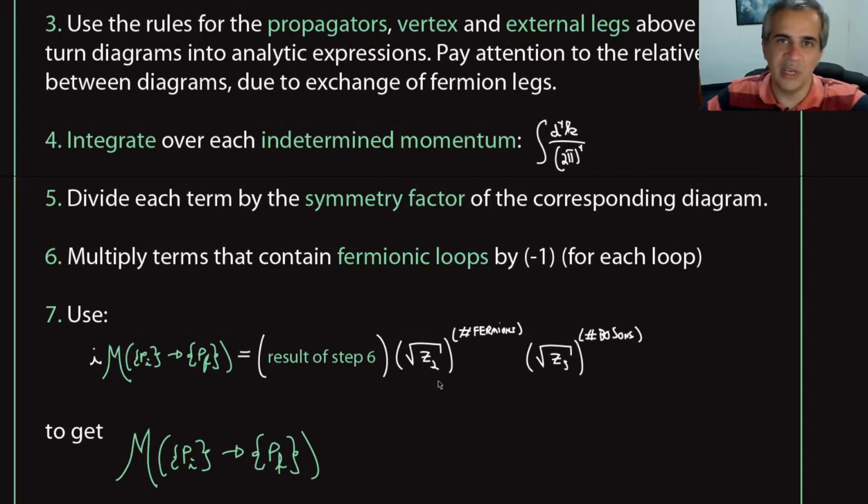If you have loops, things get more complicated, because then you have to calculate these objects. If you're going to one loop order, then you have to calculate them. I named the Z for the fermion Z2, and the Z for the photon Z3.